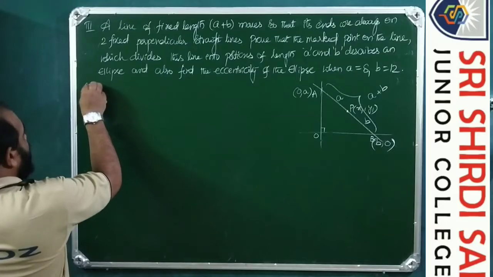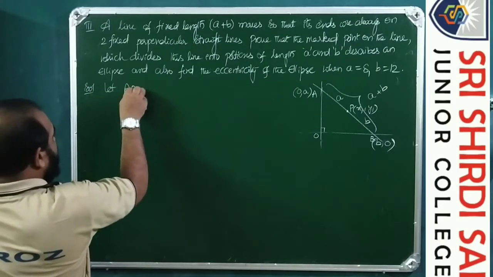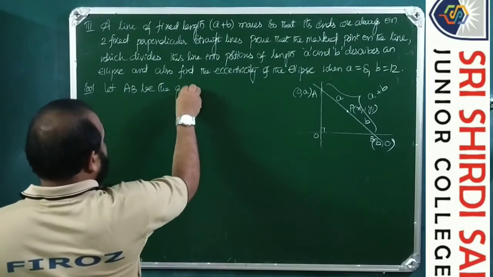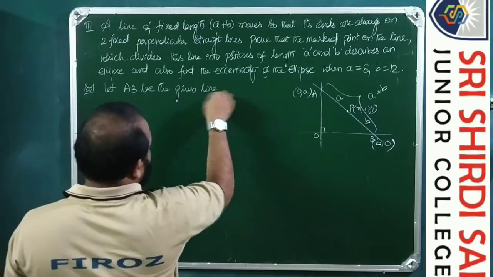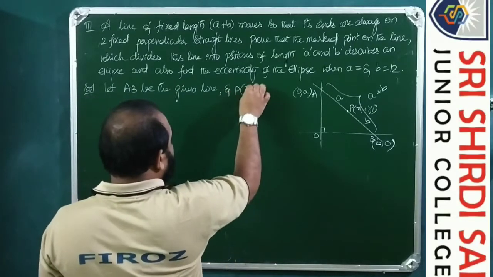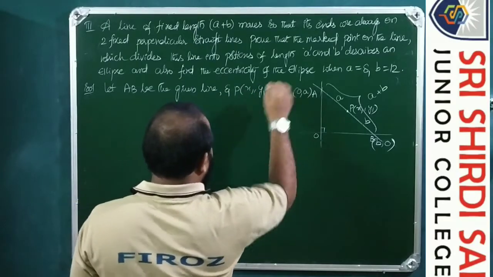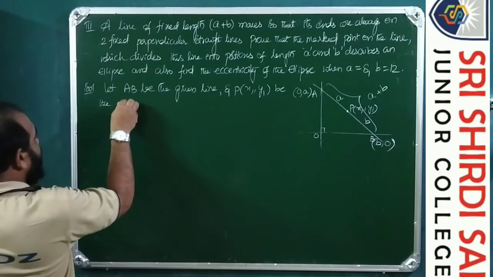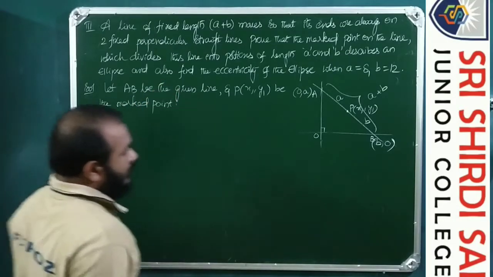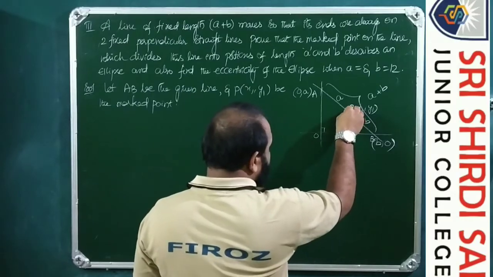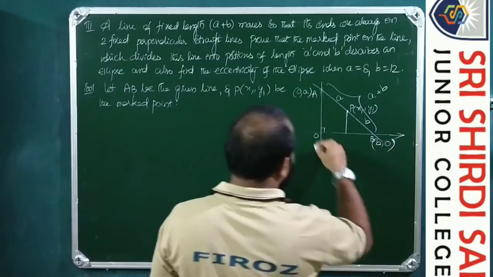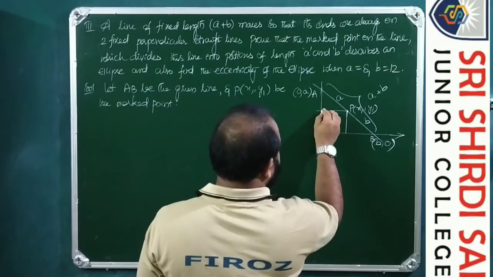Now, let AB be the given line and P x1 y1 be the marked point. Now, I will drop a perpendicular from P onto x-axis and y-axis.